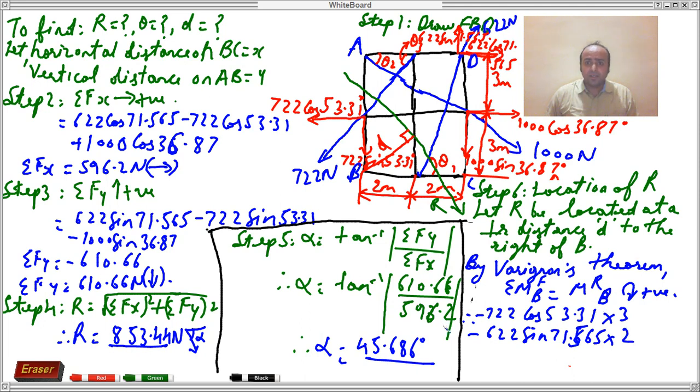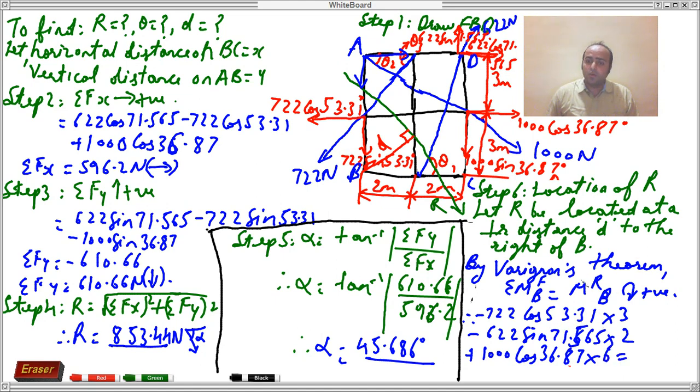Last but not the least, it will be plus 1000 cos of 36.87 into 6. I am assuming this force to be resolved over here, my dear friends. That is why only the X component is considered, and its distance is going to be 6 meters. So is equal to R.